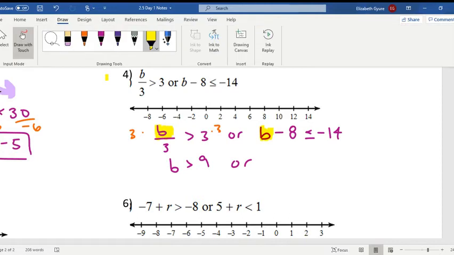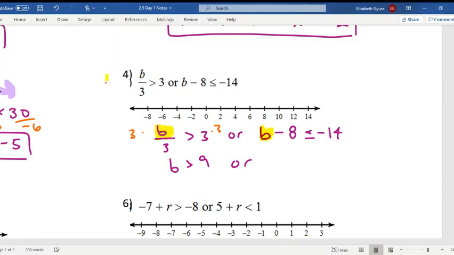Olivia, what would I do with a negative 8 in this situation? What do you think I do with this one? What's my opposite operation? We don't know. Peyton, any ideas?